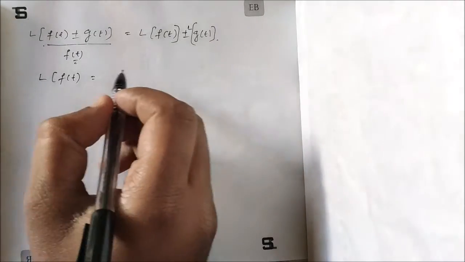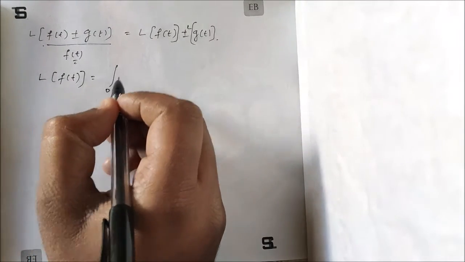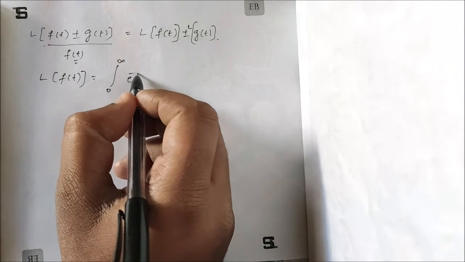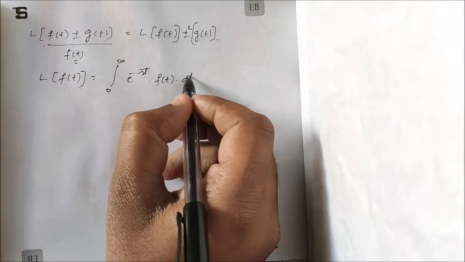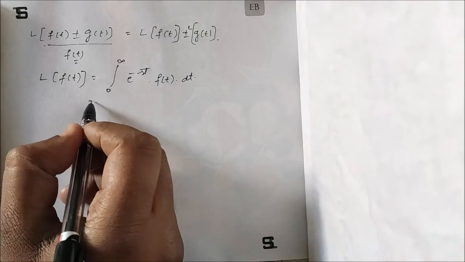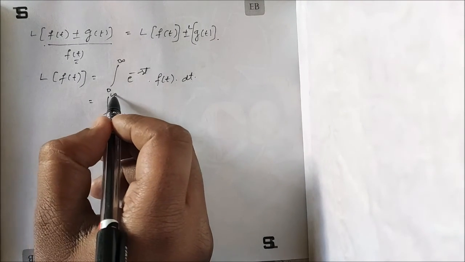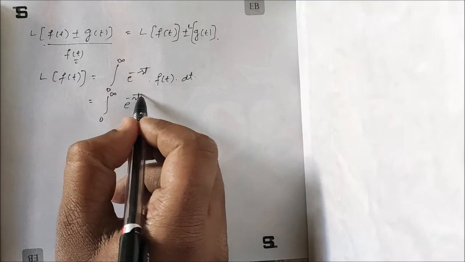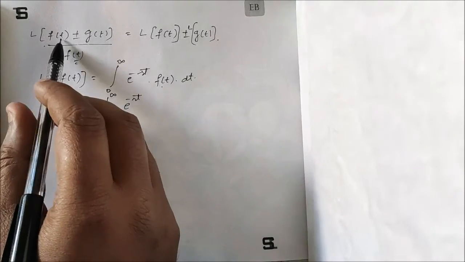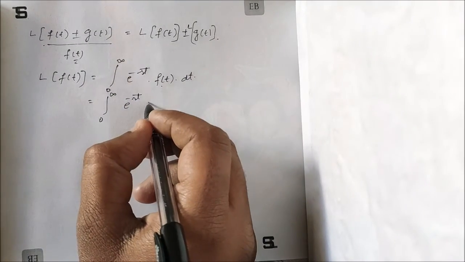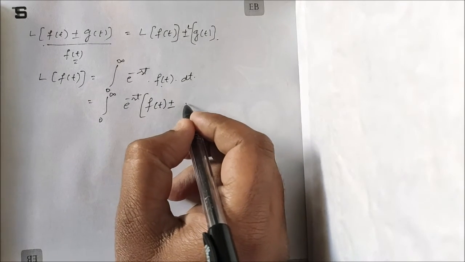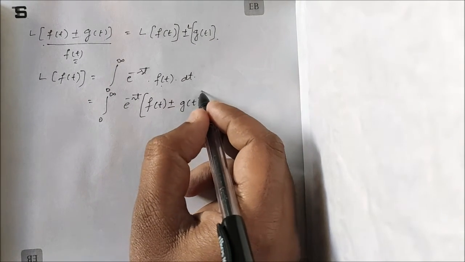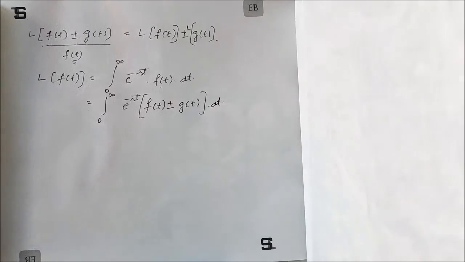is equal to integration from 0 to infinity e to the power of minus st into f of t dt. Integration from 0 to infinity e to the power of minus st, in place of f of t we will take this f of t plus or minus g of t into dt.